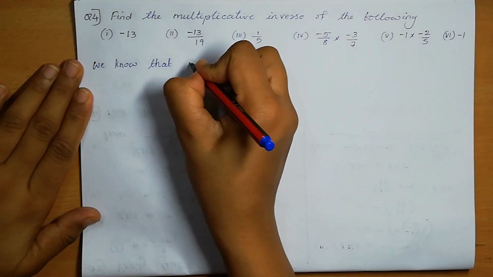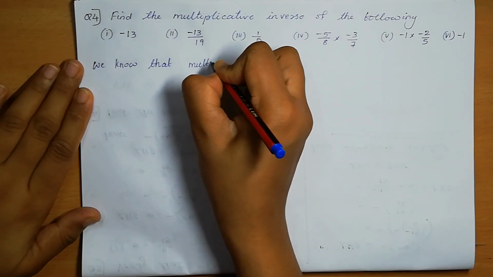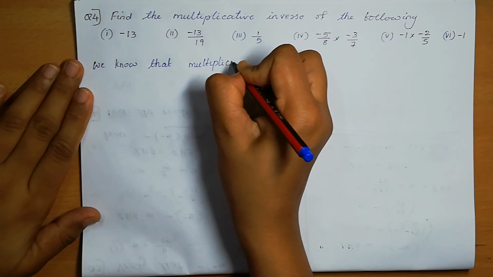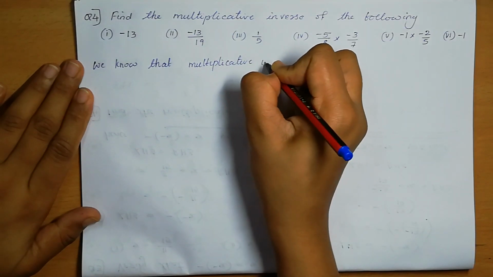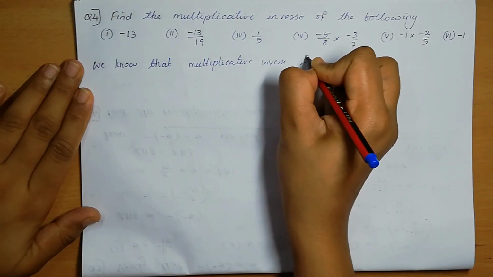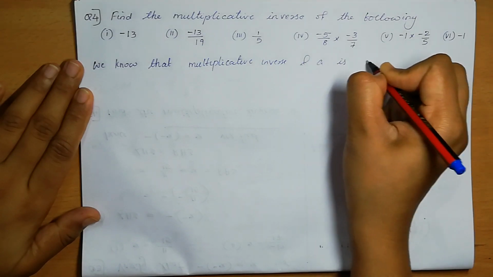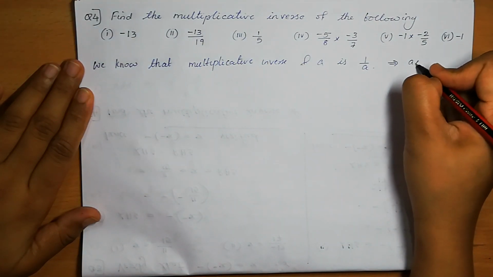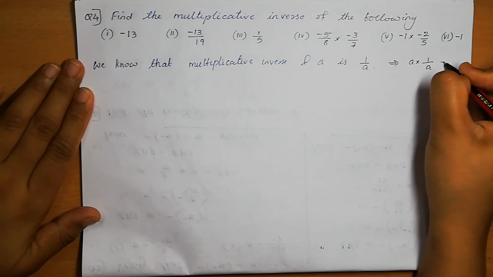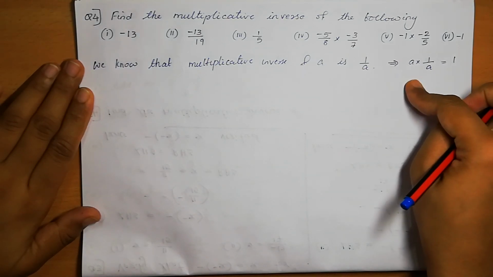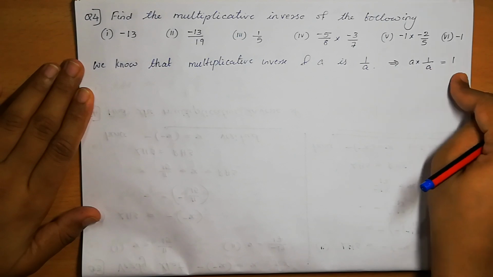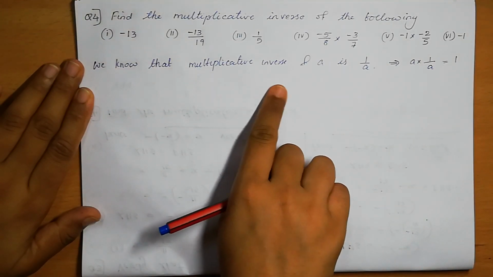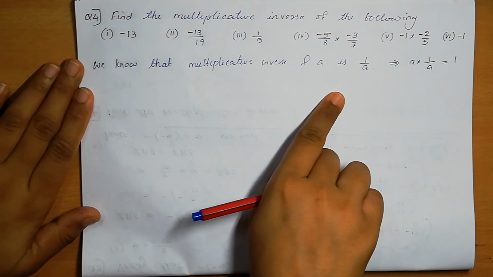Multiplicative inverse of A is 1 by A. So A into 1 by A equal to 1, or 1 by A into A equal to 1. A cancels A. So multiplicative inverse means we need to write the reciprocal of that number.